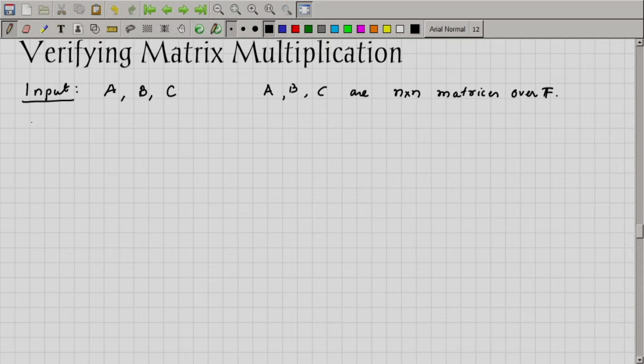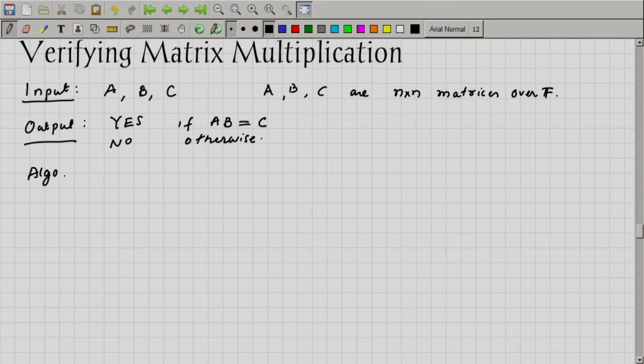The output should be yes if A times B is equal to C, and no otherwise. So, if the matrices A and B multiply and give us the matrix C, then the answer is yes, otherwise the answer is no.